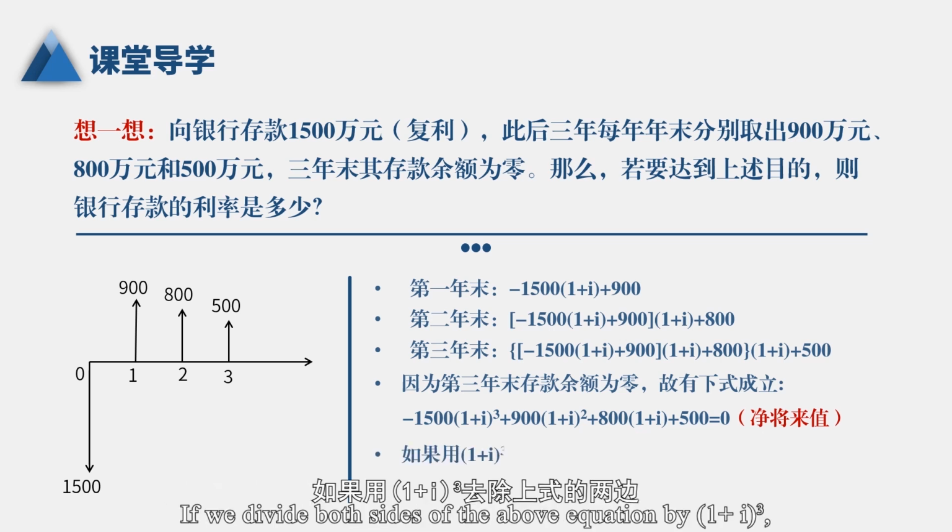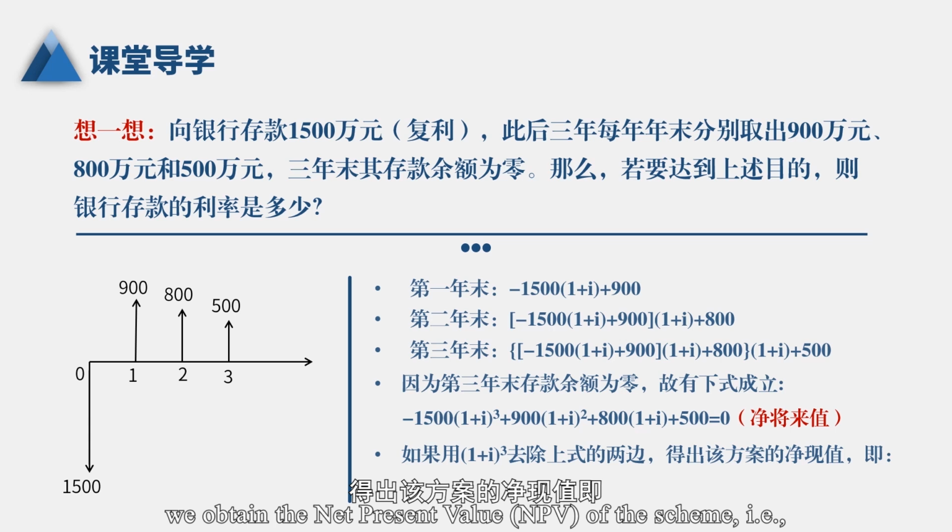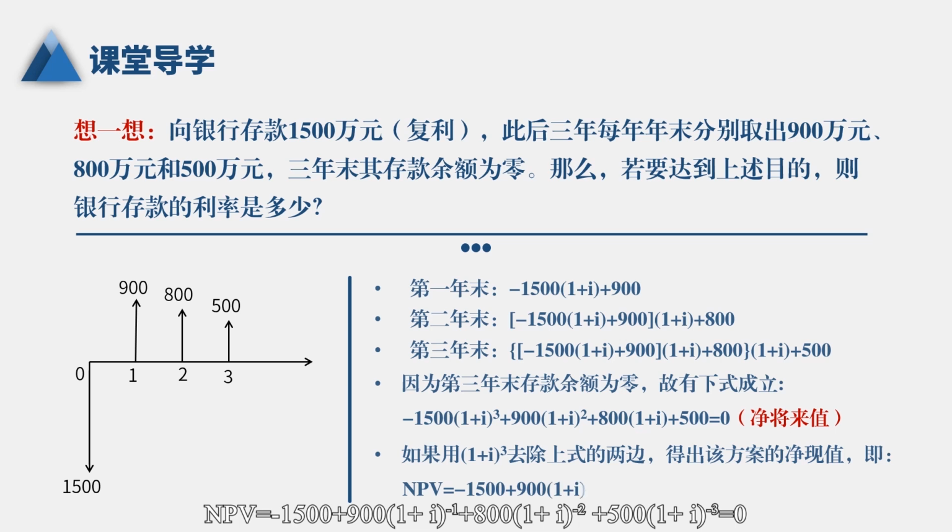If we divide both sides of the above equation by (1 plus i) raised to the power of 3, we obtain the net present value NPV of the scheme, i.e., NPV equals minus 1500 plus 900 multiplied by (1 plus i) to the power of minus 1, plus 800 multiplied by (1 plus i) to the power of minus 2, plus 500 multiplied by (1 plus i) to the power of minus 3, equals 0.